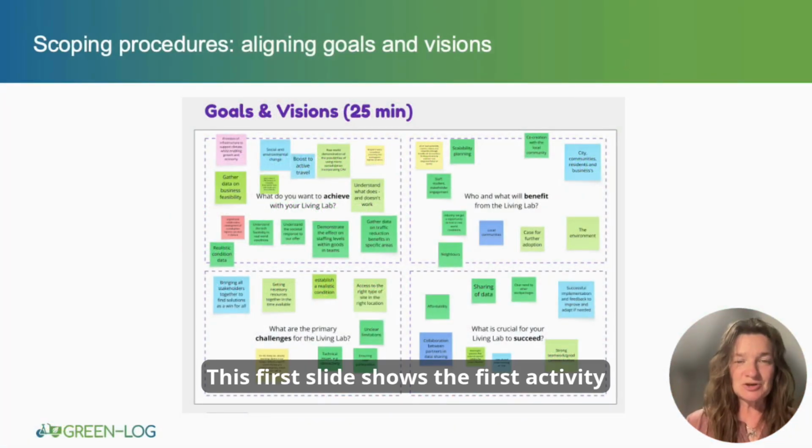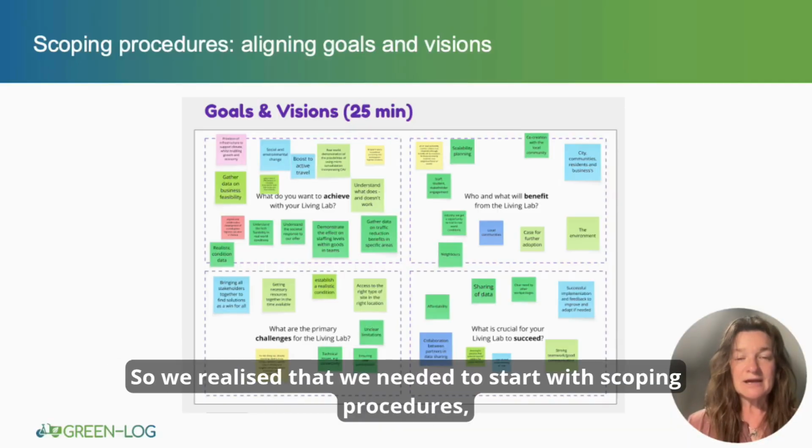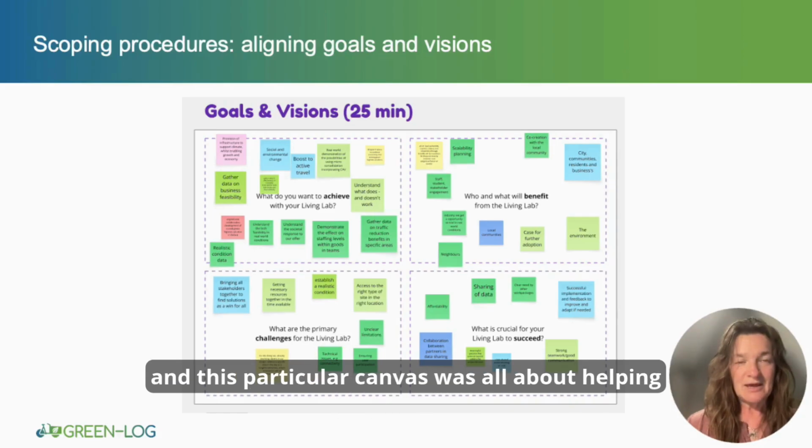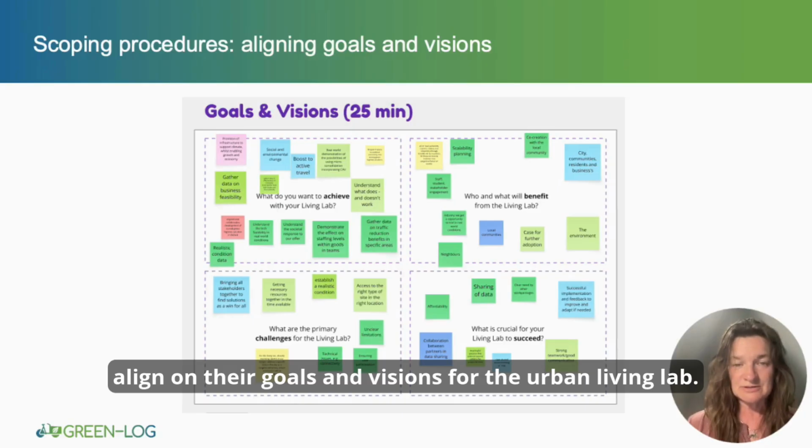This first slide shows the first activity we put together and tailored for the Green Log Living Labs. So we realized that we needed to start with scoping procedures. And this particular canvas was all about helping the Living Lab consortiums to align their goals and visions for the Urban Living Lab.